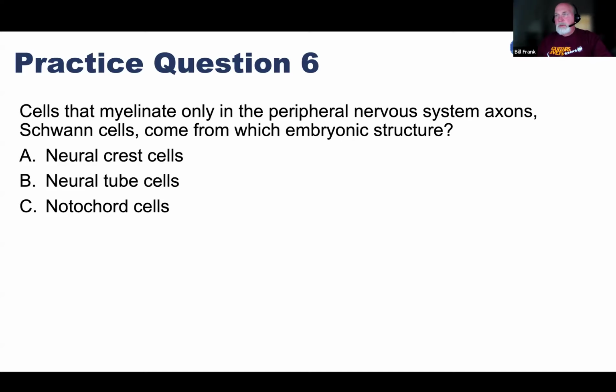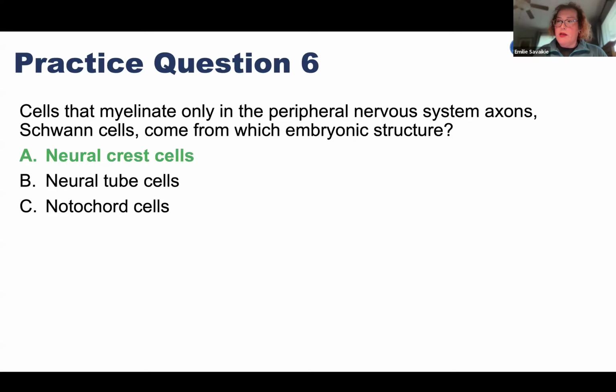Ending the poll in 3, 2, 1. All right, you guys are right. Neural crest cells form the Schwann cells, which are part of the peripheral nervous system.